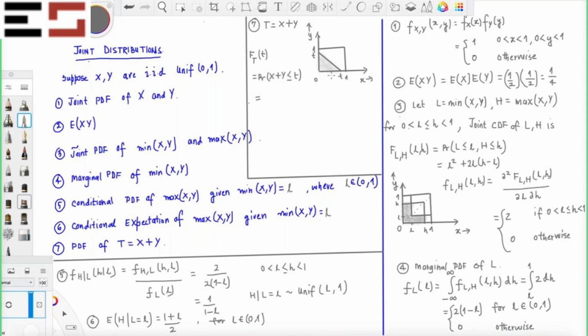So what is the area of this triangle? Half t square, right? Yes or no?